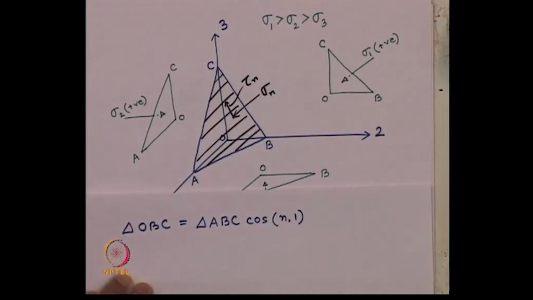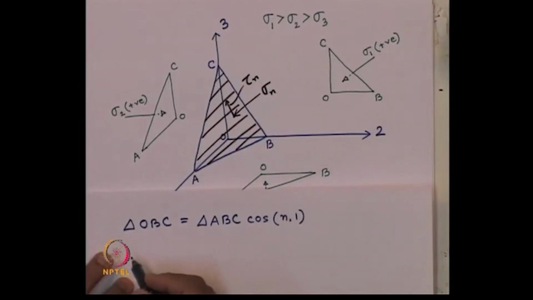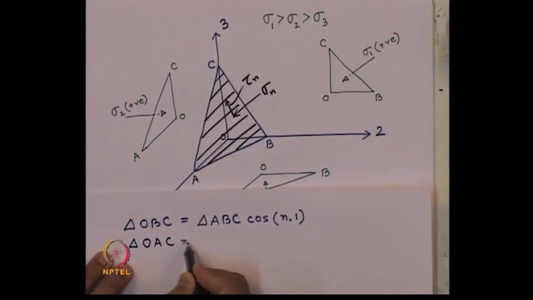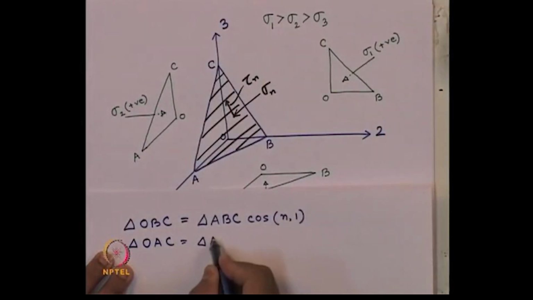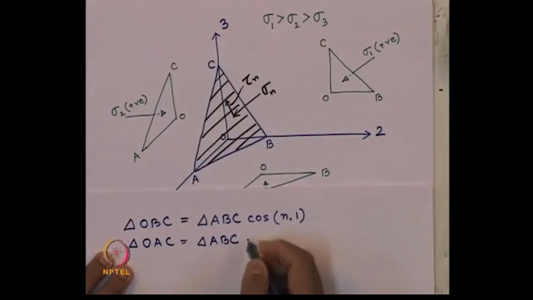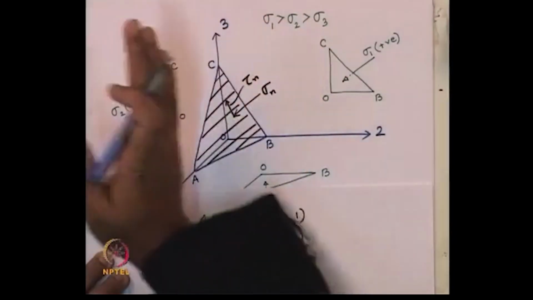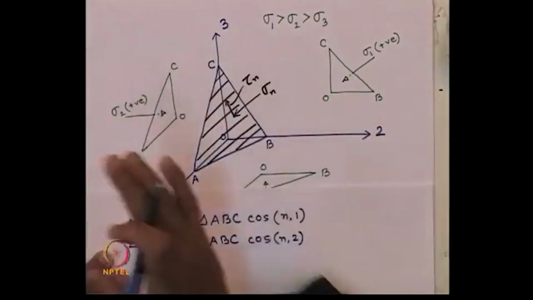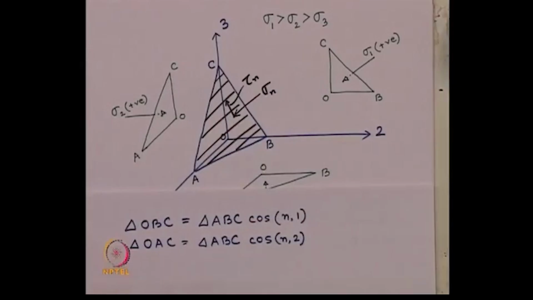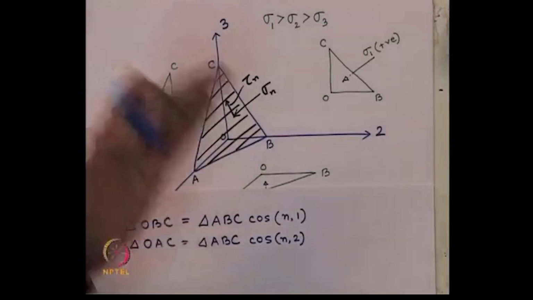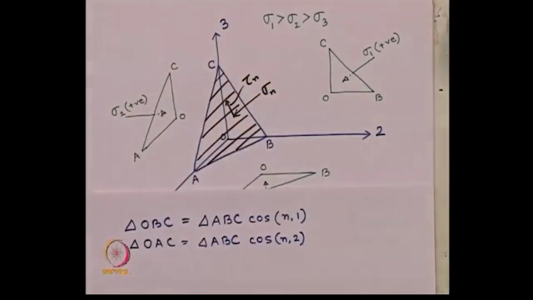Similarly, the other areas, like area OAC, this area should be area ABC times cosine of that angle n2, because this is the projection on the 1 and 3 axis, with cosine of the angle it makes with respect to axis 2.